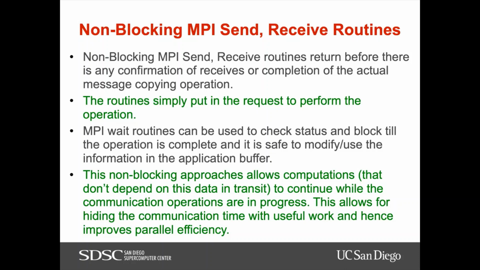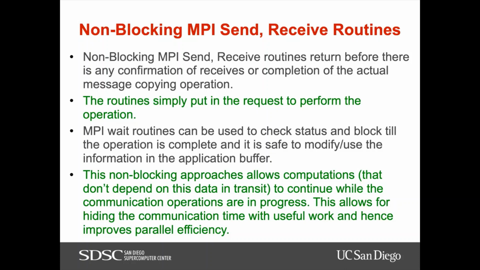The simplest example of this would be, say, a domain that you're solving in parallel. Remember the heat equation, where we were breaking it up into different domains and solving pieces of it on different tasks.